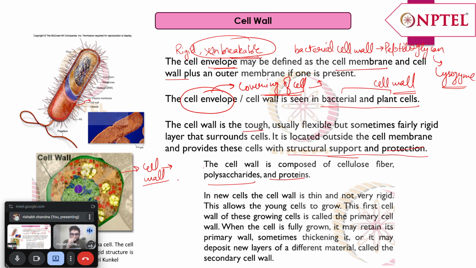Because plant cells are also dividing in nature, there are two kinds of cell wall: primary and secondary. The primary cell wall is basically smooth, because it is present in cells that are continuously dividing.